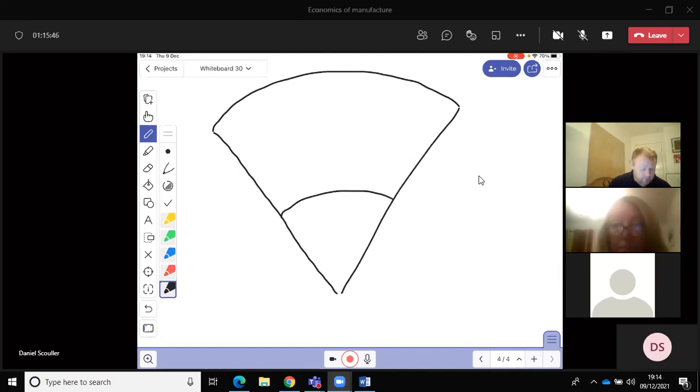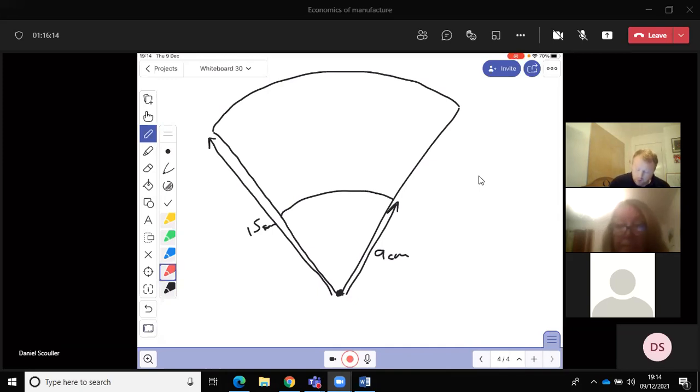And they'll give you the distance from here to here, in this case it's 9 centimeters. And they'll give you the distance from here to here. It's 15 centimeters.